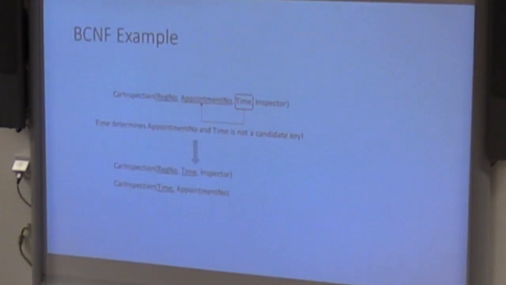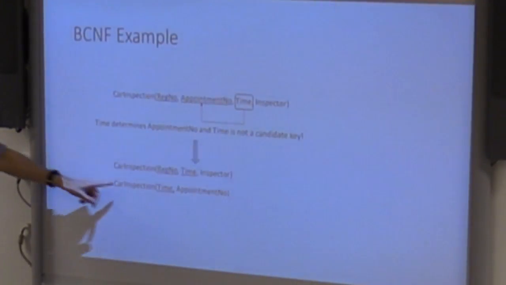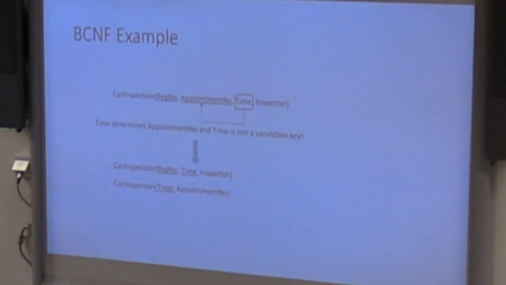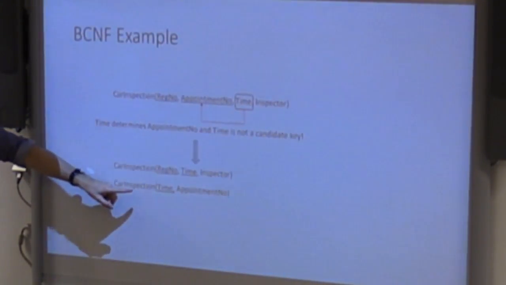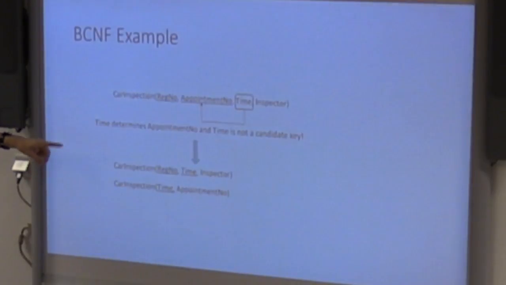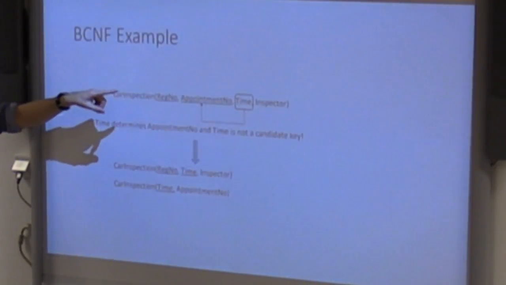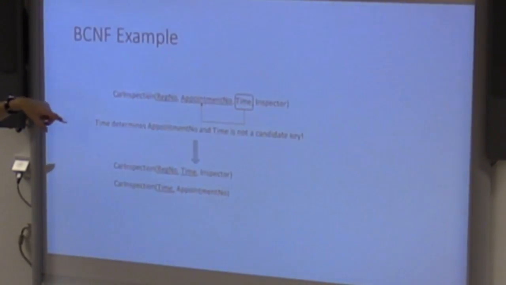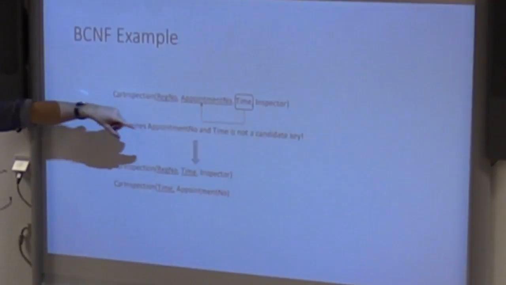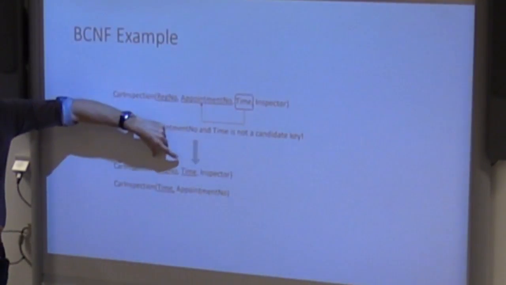So if we instead create, oh sorry, it shouldn't be car inspection once more. Sorry about that. I'll fix that. It should be inspection time or something like that. This is a really constructed example, as you can see. We're removing the appointment number and setting time instead to be a part of the primary key of that car inspection table.